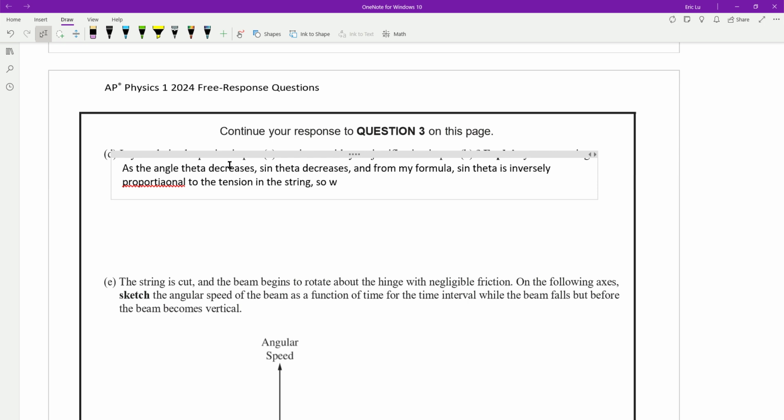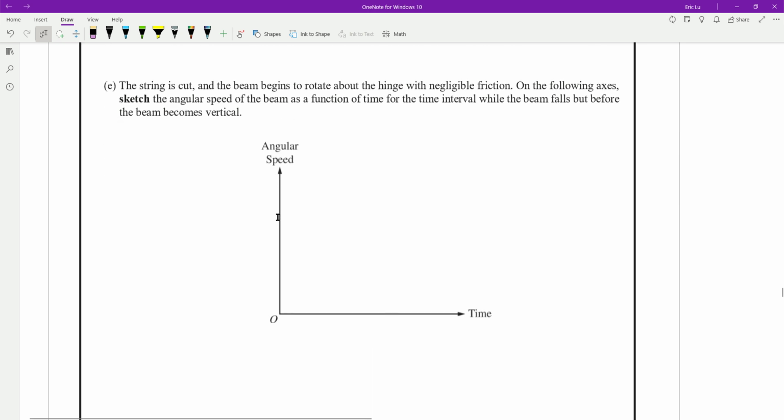So when sine theta decreases, the tension ultimately increases. And that would be my answer for that.